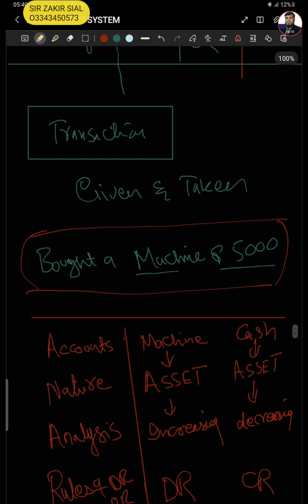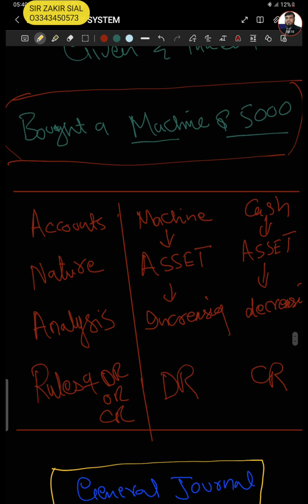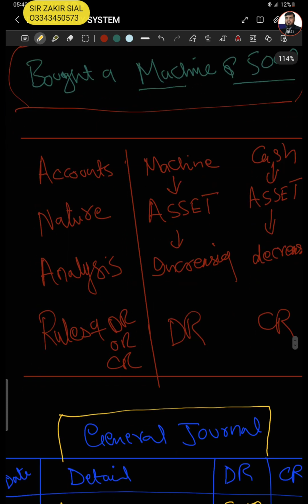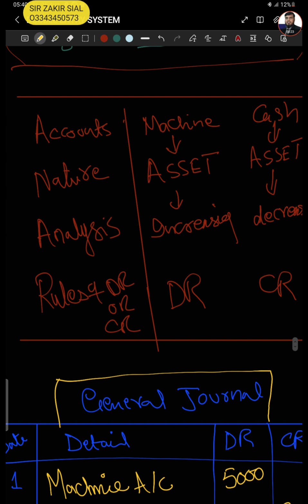Transactions are given and taken when we are giving something or receiving something, like bought a machine of $5,000. So here first of all we process. This process is needed for passing the journal entry for recording the business transactions. First we check which accounts are used, like machine and cash. Then we check the nature of machine, whether it is asset, liability, capital, income, expense or drawings. Then we check the analysis.